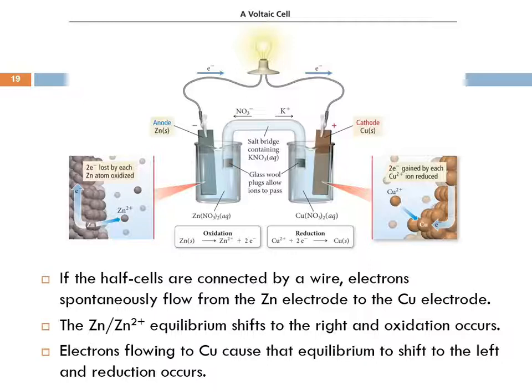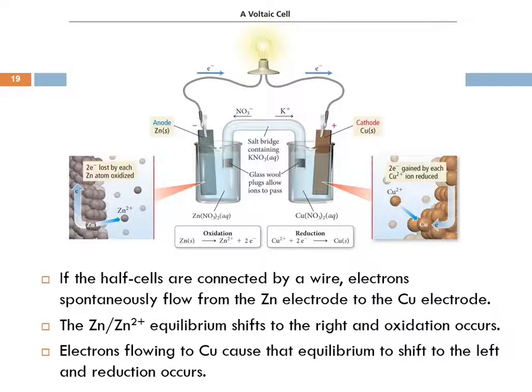Any other questions? The salt bridge. We're going to talk about the salt bridge in a minute. But if we think about this, electrons are going from the zinc side to the copper side. That's going to give us a big buildup of electrons over there, of negative charge here and positive charge here. Nature doesn't like positive and negative charges to be separated like that.